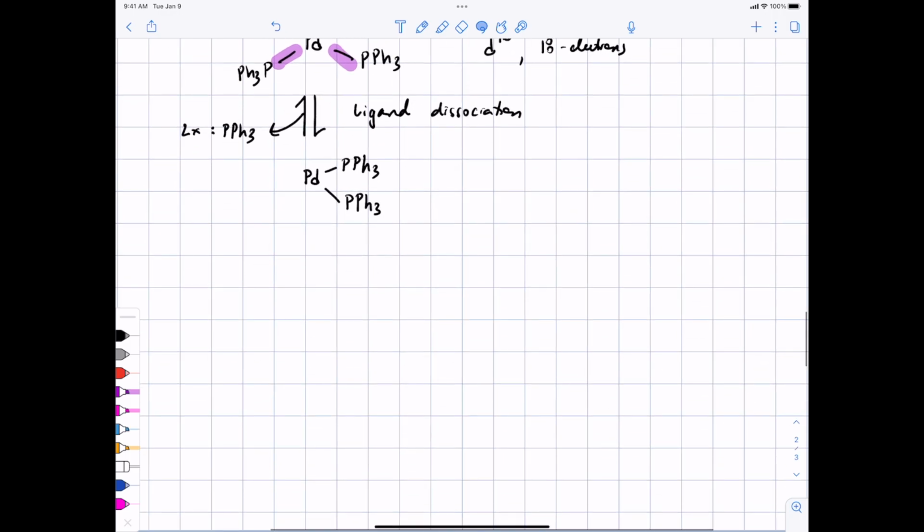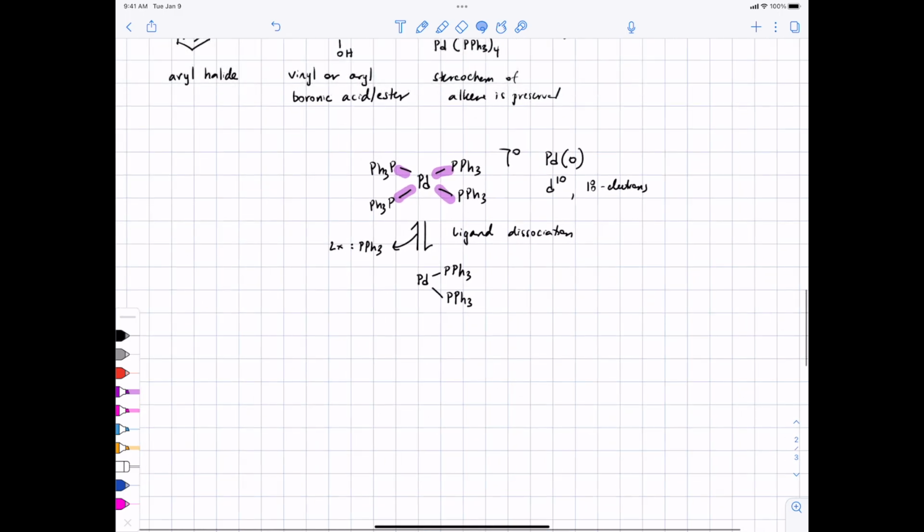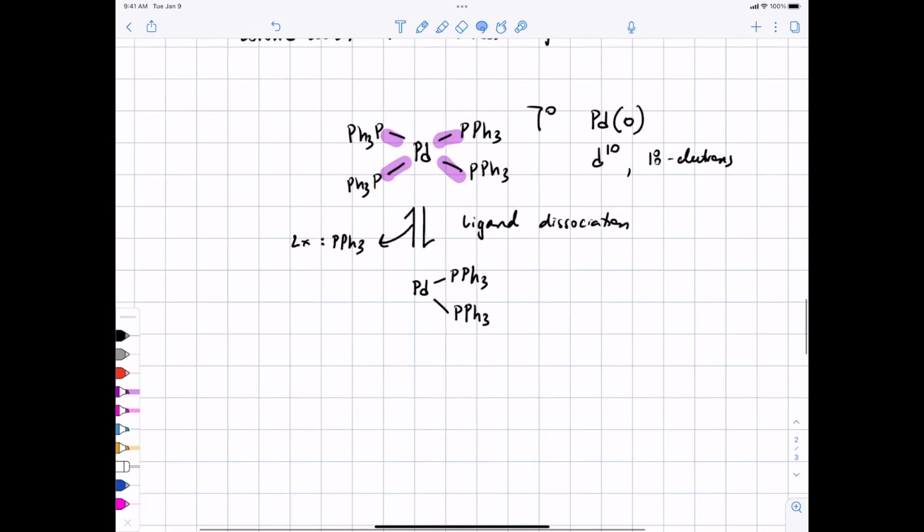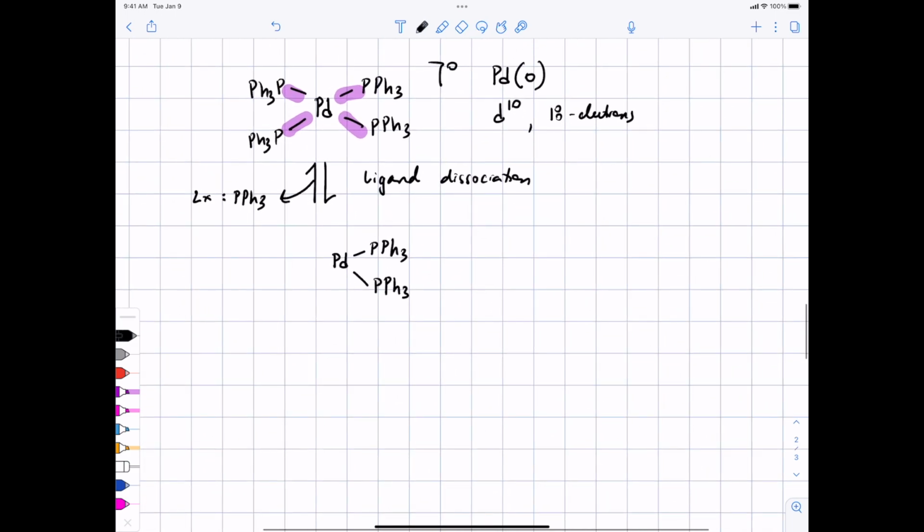All right. So then let's just draw the, actually, it doesn't matter. You can keep drawing it that way. I'm just, for convenience, want to have the phosphine ligands over here.